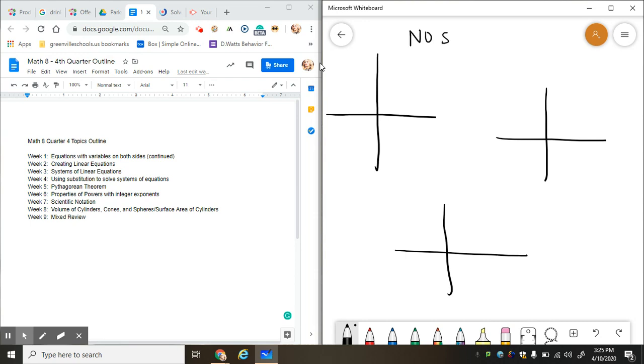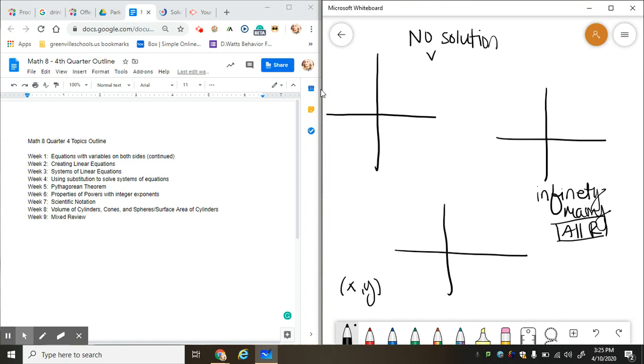There is something called no solution, infinitely many, which I cannot spell, and then they have an actual XY coordinate that they crisscross at. Infinitely many means they have all real numbers the same. If a pair of lines has no solution, it's going to look something like this.